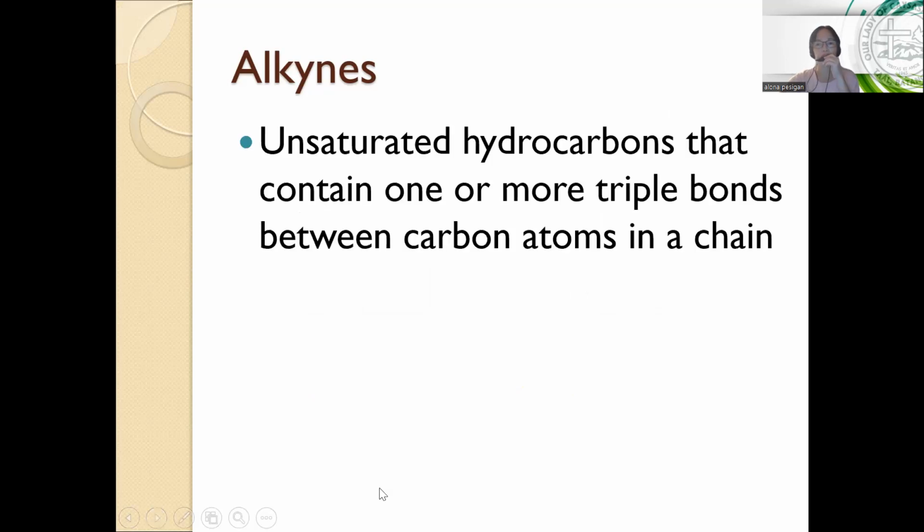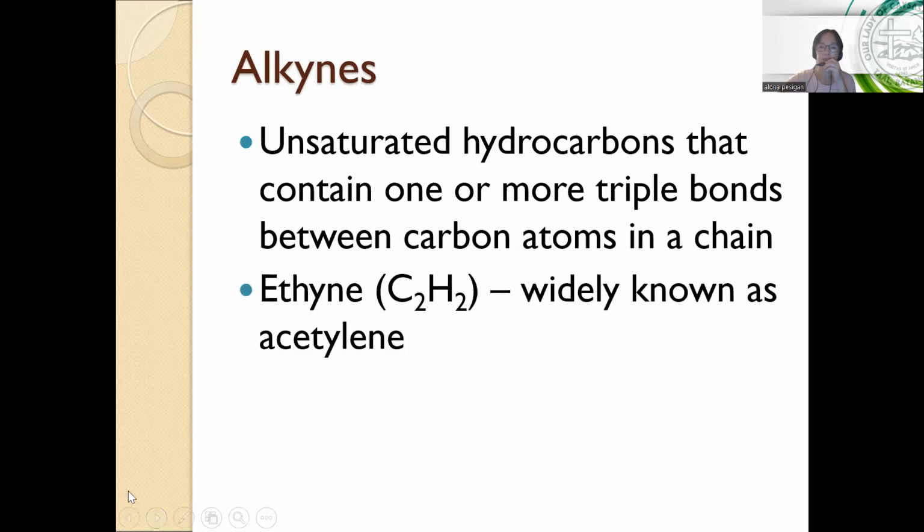What about alkynes? Alkynes are unsaturated hydrocarbons that contain one or more triple bonds between carbon atoms in a chain. So this time, you will see the presence of a triple bond, and its formula is CnH2n-2.